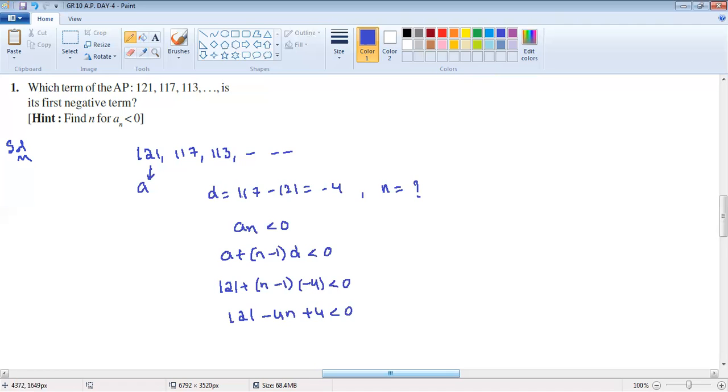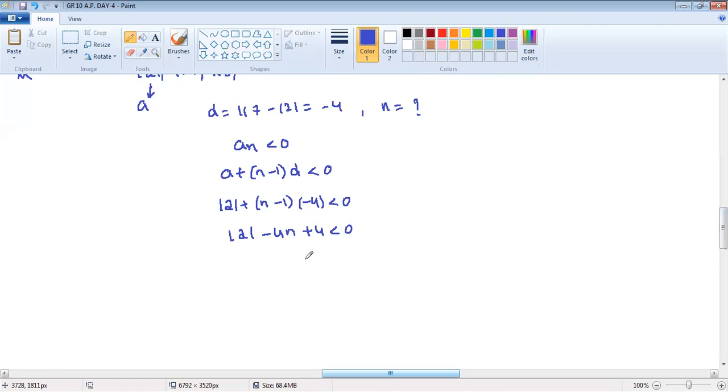Now what are you supposed to do? Minus 4n, please carry that to the other side. So 121 plus 4, 125 less than 4n. Reversely I can write it like this also: 4n greater than 125.